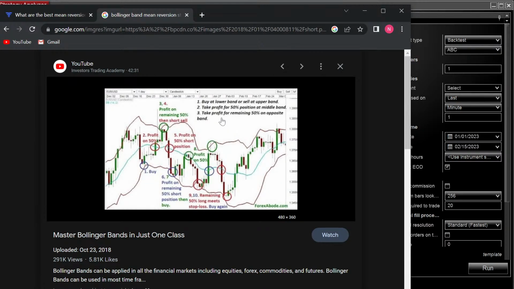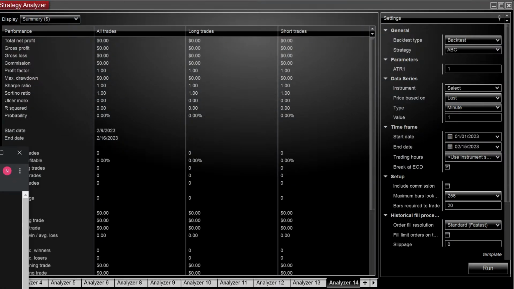Simple Bollinger Band type mean reversion strategy. You can see it gives the rules: buy at lower band or sell at upper band. Take profits at the midline, 50%, and then take the rest of the profits at the other Bollinger Band. Simple enough. Let's whip this up real quick.